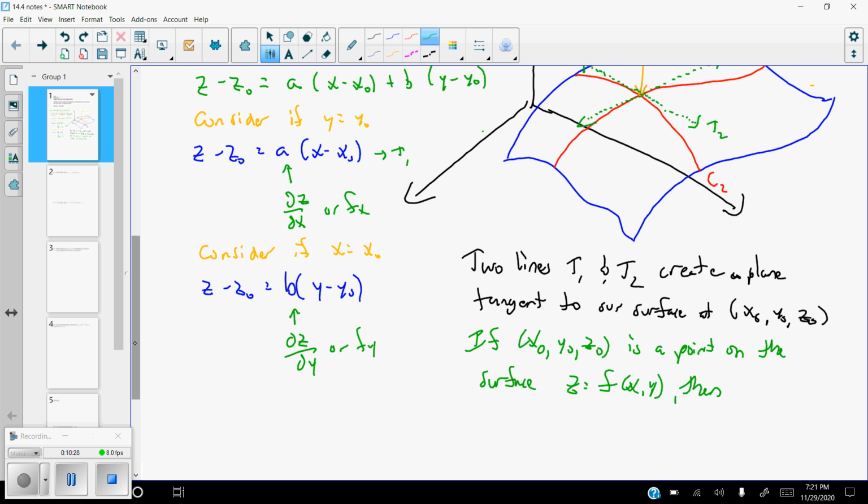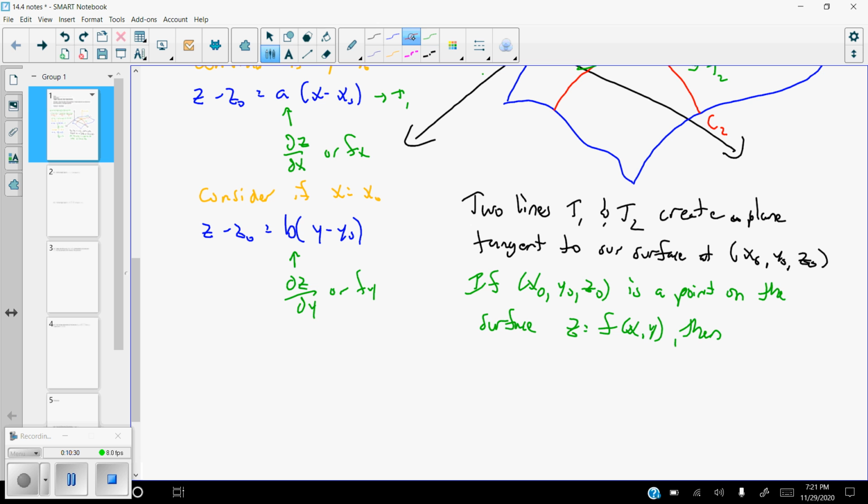Z minus z naught, let's write this in red. Z minus z naught equals the partial with respect to x evaluated at x naught, y naught, times x minus x naught plus the partial with respect to y evaluated at x naught, y naught times y minus y naught.